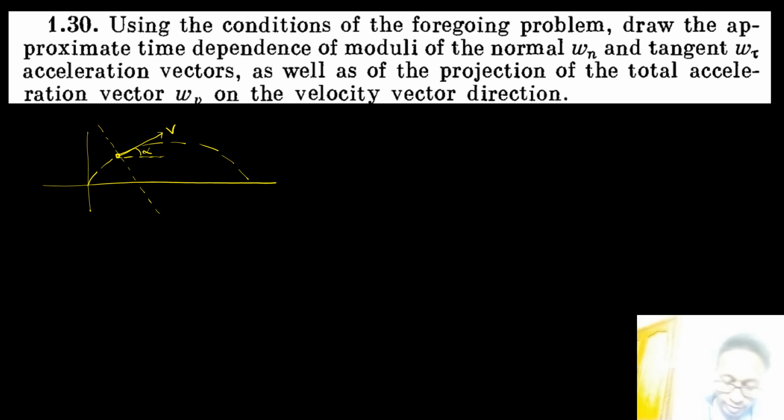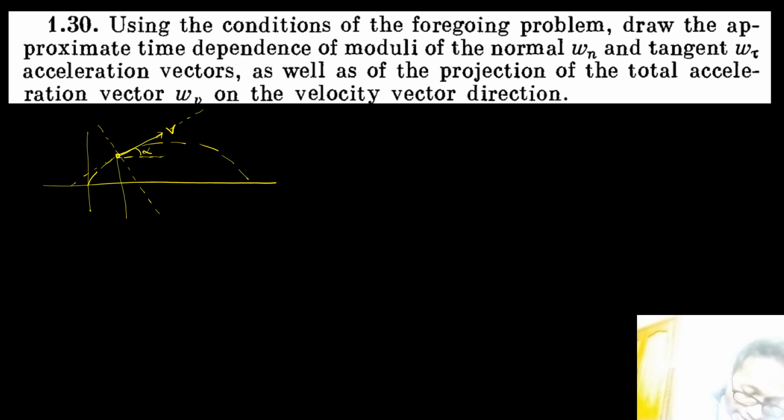What the question is trying to say is that, suppose this was the projectile motion, and out here, this is the velocity vector. This out here is the alpha. Draw a line normal to the velocity vector and draw a line tangential to the velocity vector.